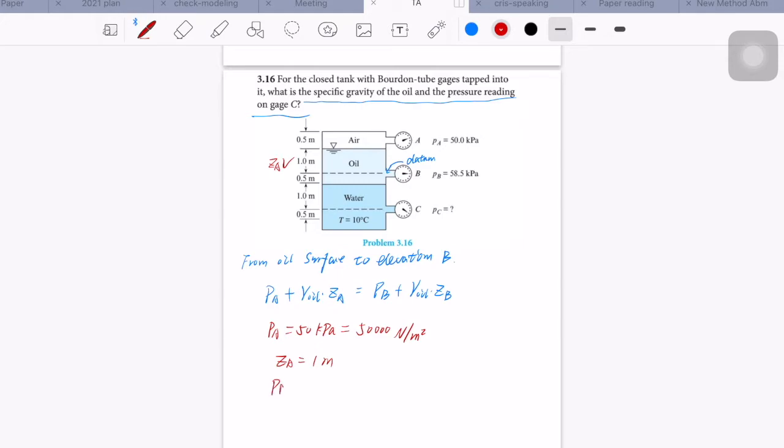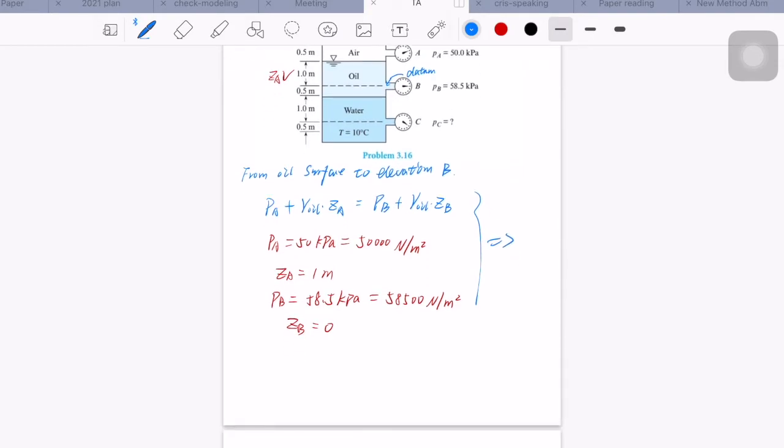And the PB is 58.5 kilopascal, is 58,500 Newton per meter squared. And since we assume that the surface B is datum, the ZB is 0. So now we can get that the gamma specific weight of the oil equals 8,500 newtons per cubic meter.